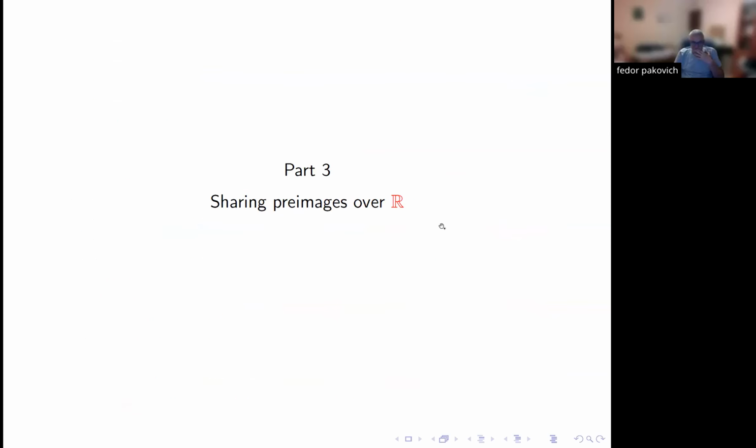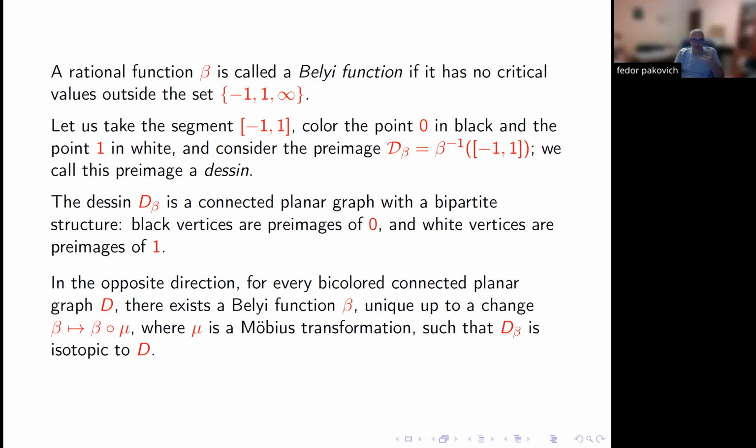Okay, so now the last part of my talk. Let me start by recalling what a Belyi function is. A rational function, we will speak only about rational functions now, is called a Belyi function if it has only critical values -1, 1, and infinity.